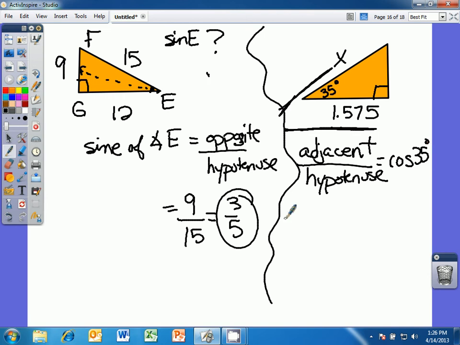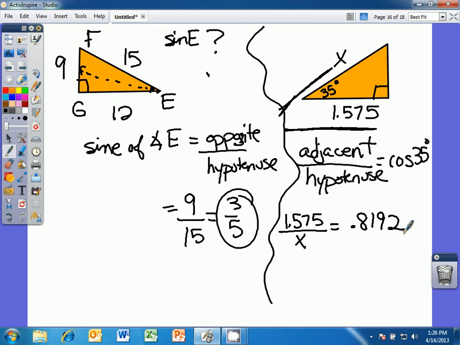We're given 1.575 for my adjacent side. My hypotenuse is what I'm looking for. The cosine of 35, if I plug that into my calculator, I get the value 0.8192. I've rounded that.